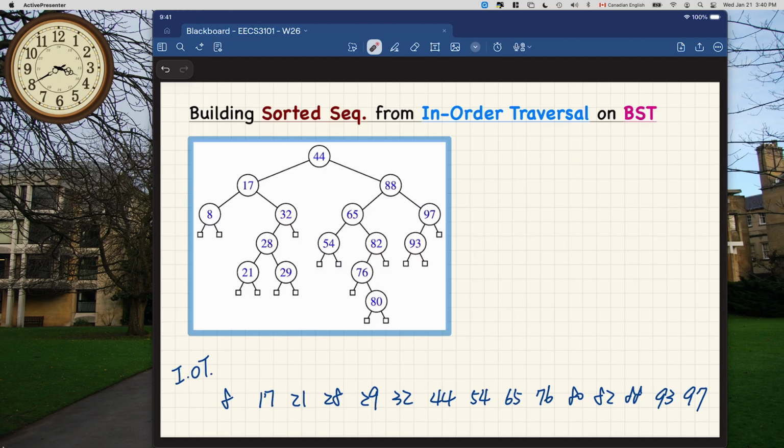Good. Let's now see some correspondence quickly to make my point. Let's now start with the 44 we have. That's the root, 44, the root. Again, let me just make the point again. So this is the nonlinear structure. And the in-order traversal, of course, is trying to create a linearized version of the components.